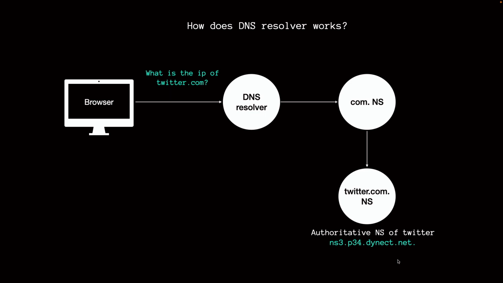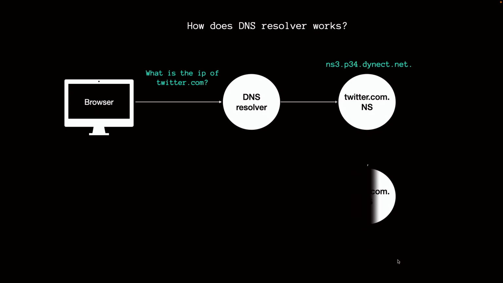So the twitter.com authoritative name server is present in the same zone where the twitter.com website is hosted, so it can handle all the DNS queries related to twitter.com, and it is very fast because it maintains the original zone records and the most recent DNS data.